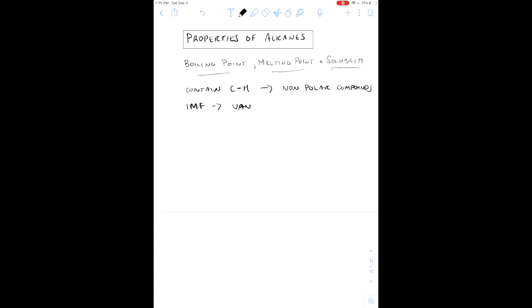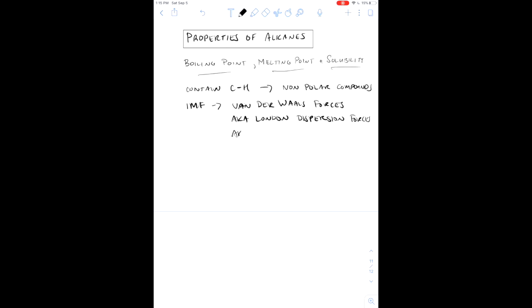And so we've got van der Waals forces, aka London dispersion forces, aka instantaneous dipole.